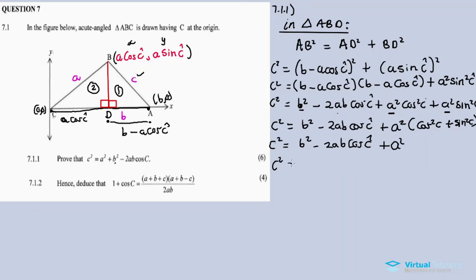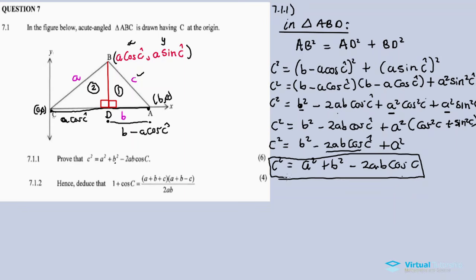Therefore C squared is equal to A squared plus B squared minus 2AB cos C. Cosine rule proved just like that. Right, for 6 marks I think it's worthy.